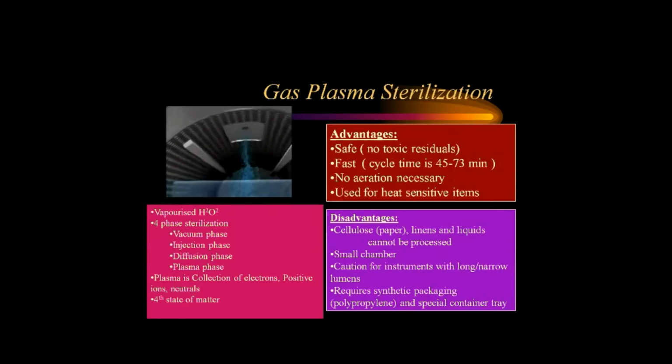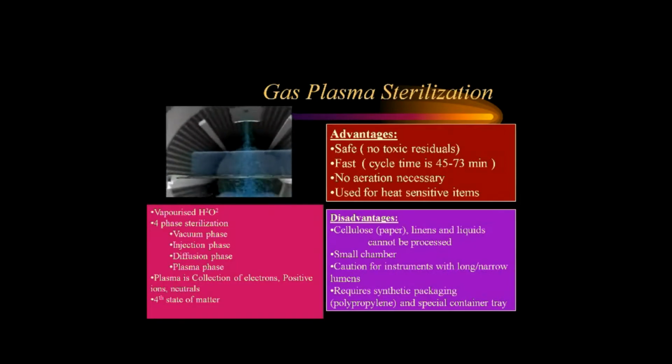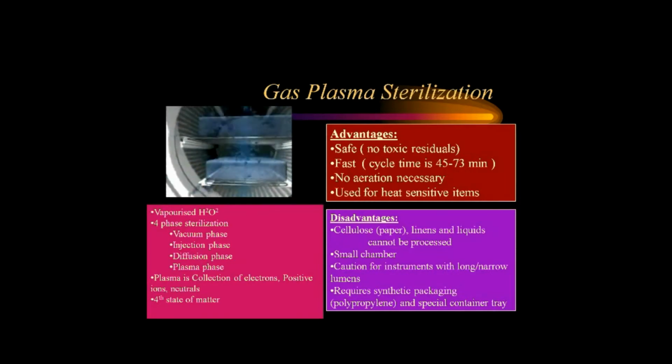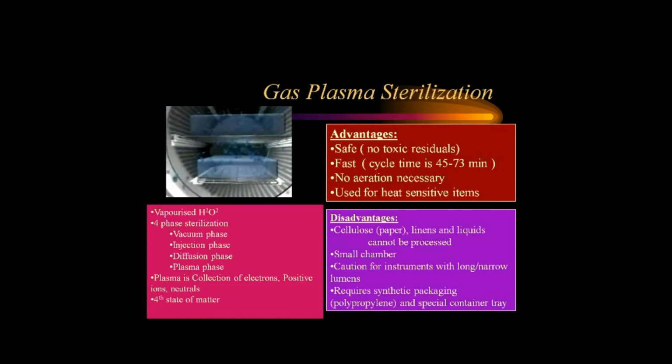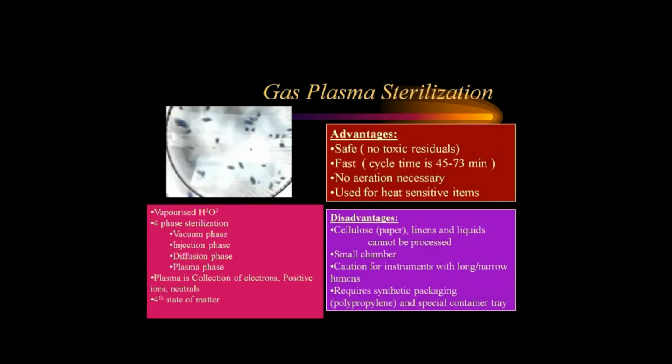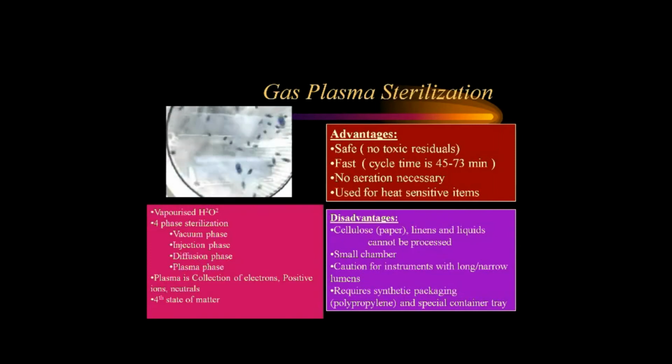And the advantage of it being, it is not only safe, it doesn't release any undue or unnecessary toxic residuals. It is quite fast. Average time is around 30 to 40 minutes. No aeration is required, unlike in ethylene oxide, and useful for all heat sensitive items. The only disadvantage is it has a small chamber, it needs a special packing, and we should be very careful when we use instruments with long narrow lumens. Next slide.